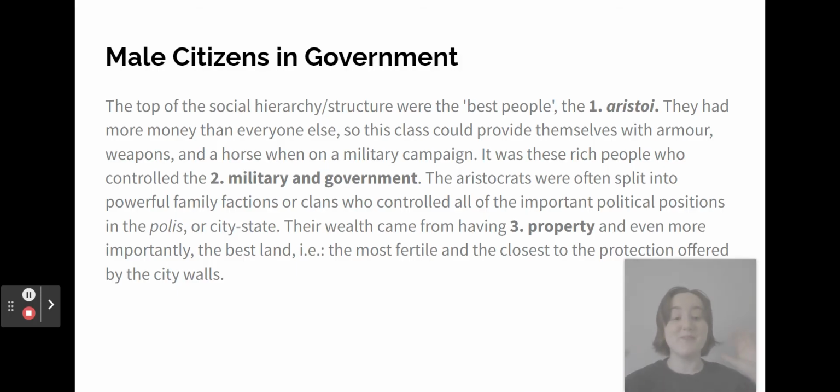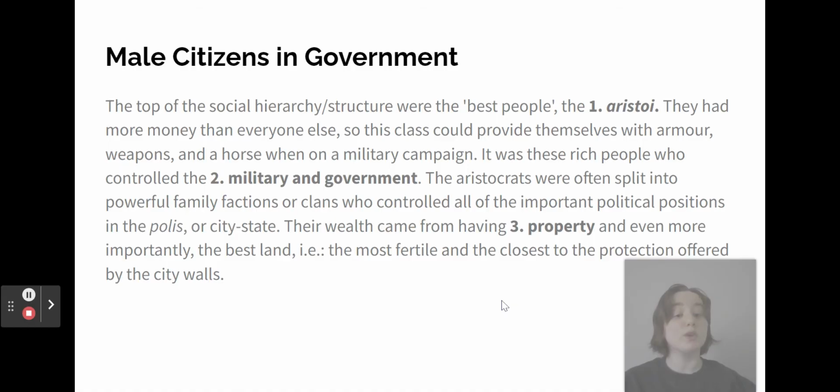So, very, very top of our social hierarchy is male citizens in government. The top of the social hierarchy or structure were the quote unquote best people, which is what they called themselves, or the aristoi. They had more money than everyone else, so this class could provide themselves with armor, weapons, and a horse when on a military campaign. It was these rich people who controlled the military and government.